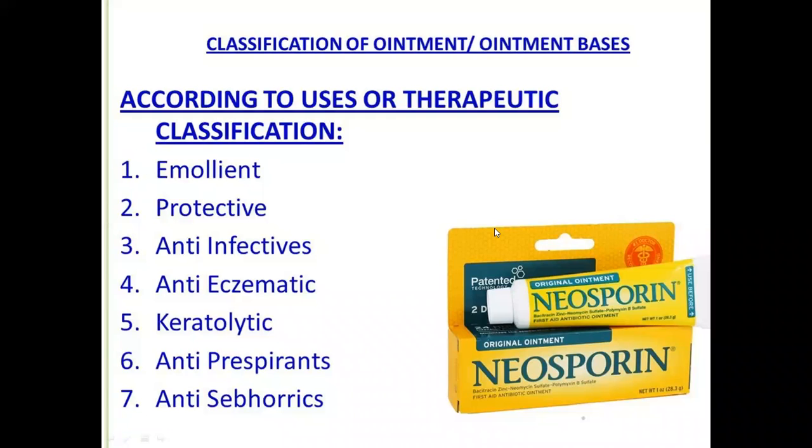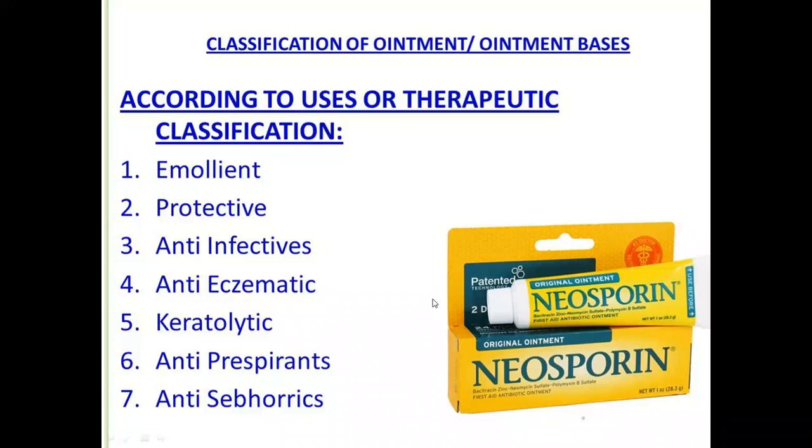And the last one, diadermic ointments, pass through the skin and produce their effect in the systemic circulation. Systemic effect means that through the skin they go into the systemic circulation, that is, into the blood. Firstly they pass through the skin, absorb into the skin layer, and then they produce a systemic effect.